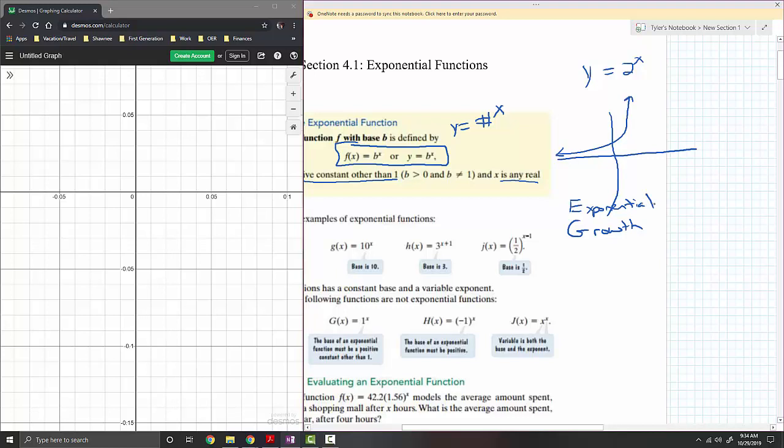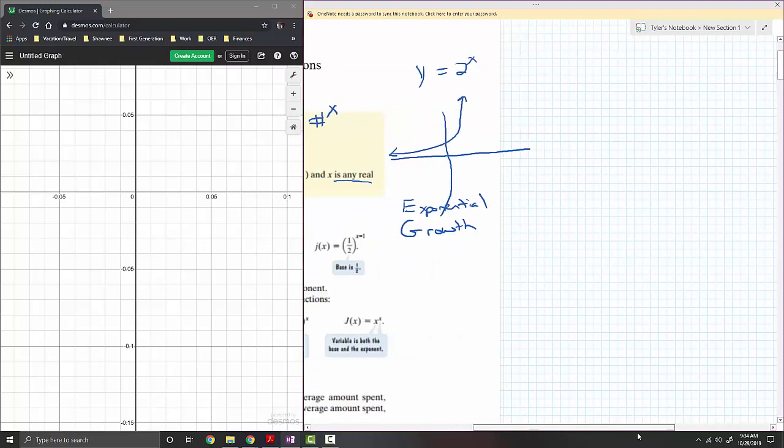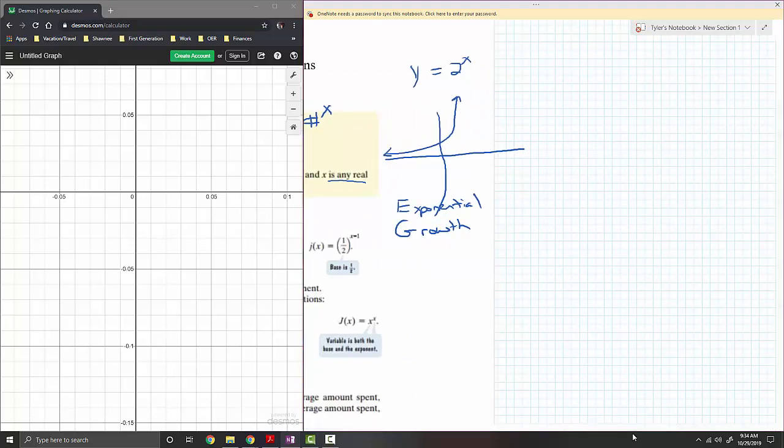So this is exponential growth. And then if you have something similar, kind of the flip of this, if we flip this over the y-axis, you get a graph that looks something like this. And of course, if we think about transformations, how do you reflect something over the y-axis?